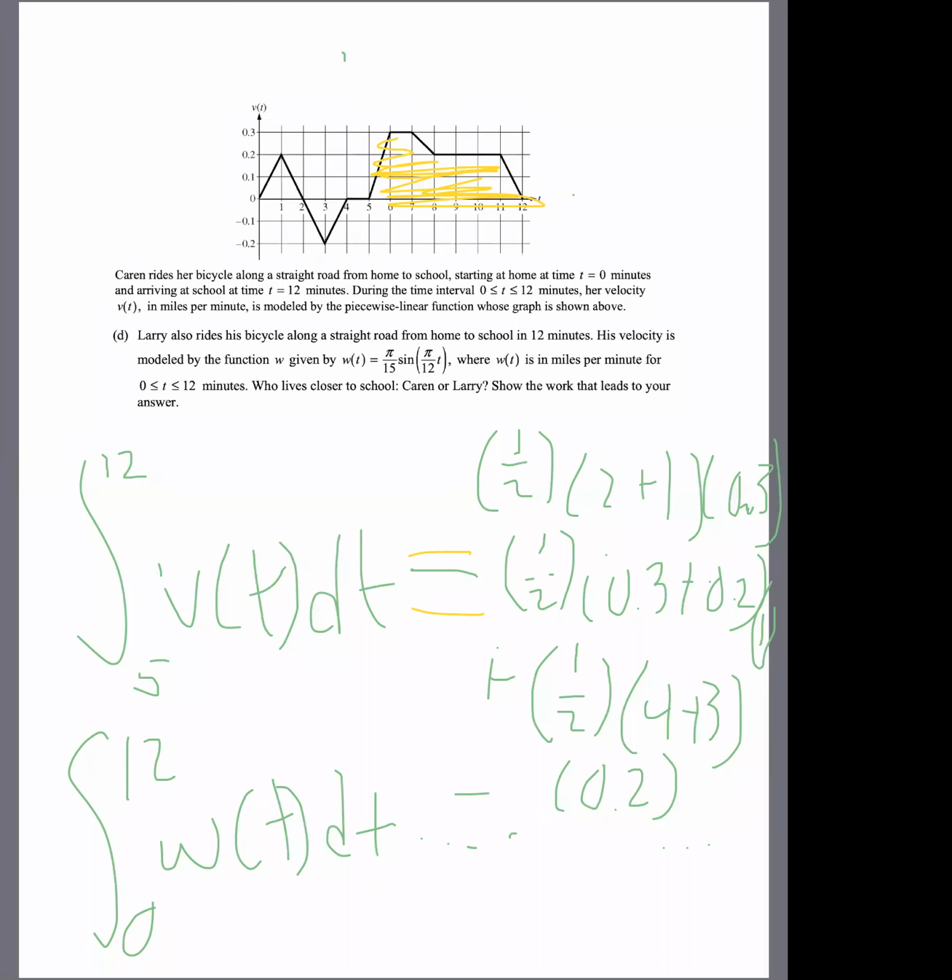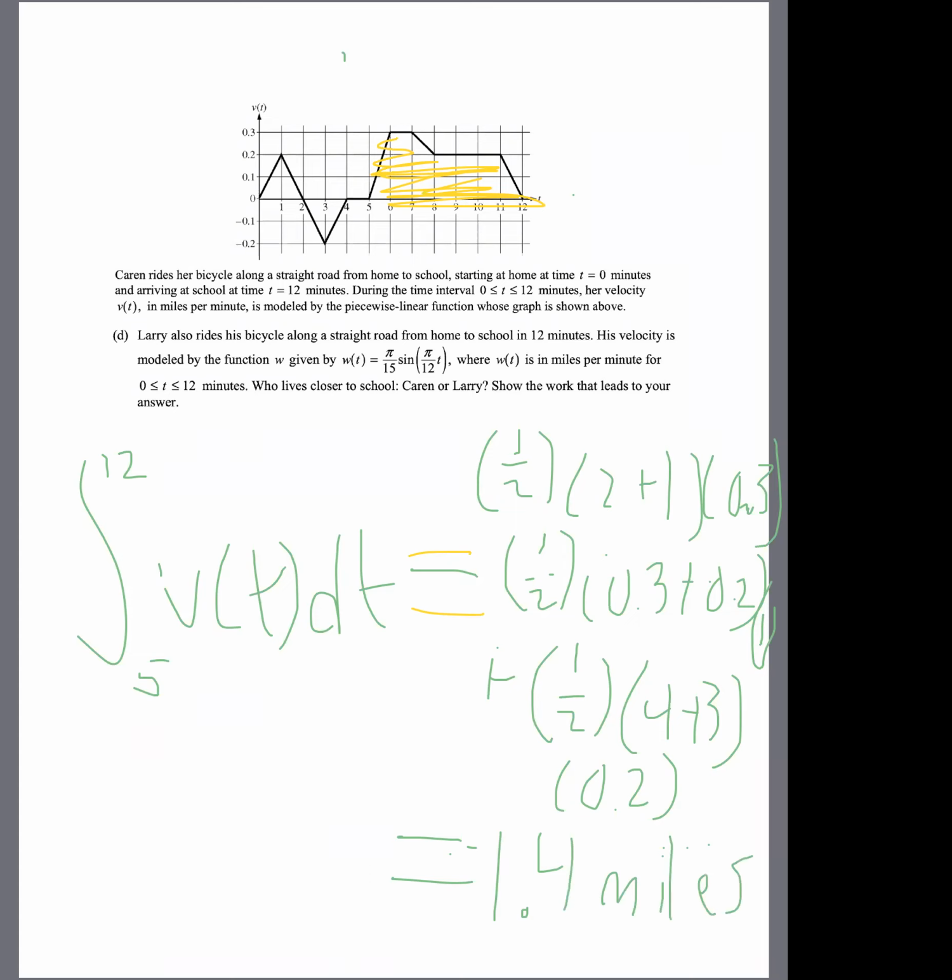So I'm going to do Larry's integral on a separate page. You just have to simplify that so you know what it really is. I'm going to tell you what it is because I don't want to take any more of your time. That ends up simplifying to 1.4 miles.